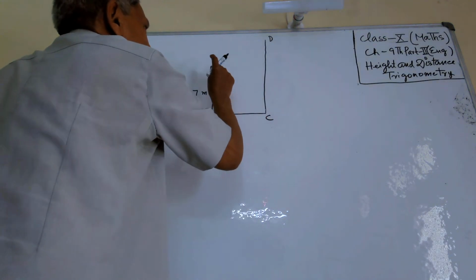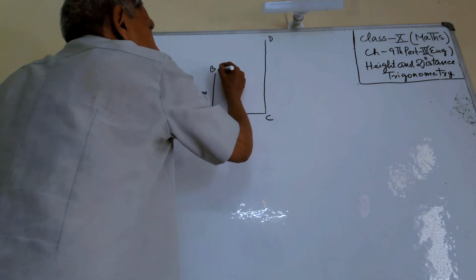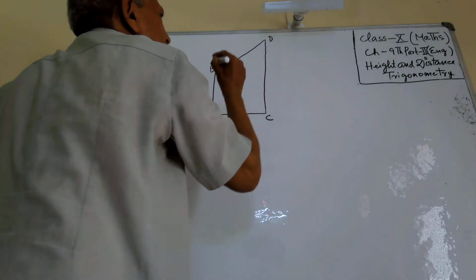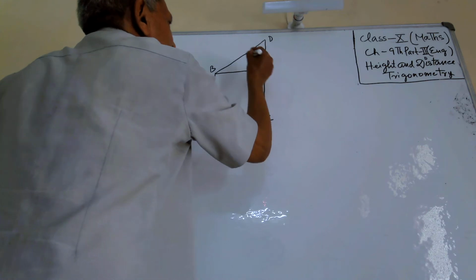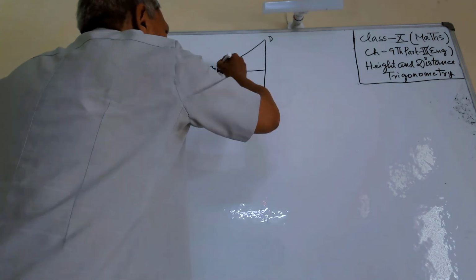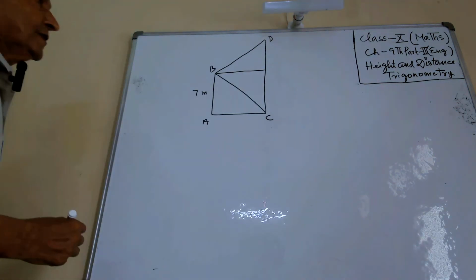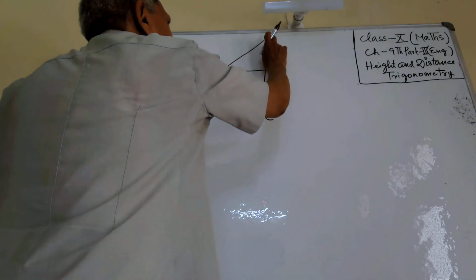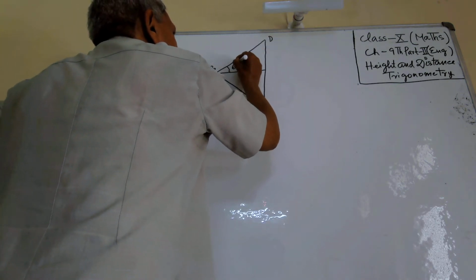Now, a man is sitting on the B point and he is looking at the top of the tower and as well as point C also. Now, when he looks at D, angle 60 is formed.